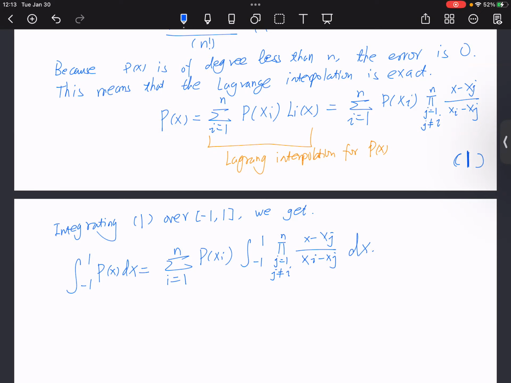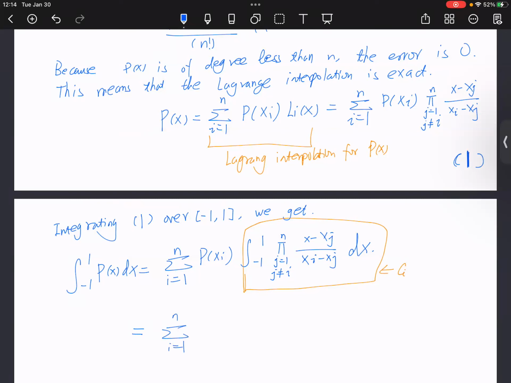And now let us replace this expression. We are not going to do the integration here, but we are going to replace this expression with a value, because it is a definite integral, so we get a value at the end. We replace this expression with ci, and that is the coefficient we have here. This is the coefficient ci. So we can rewrite it below here.